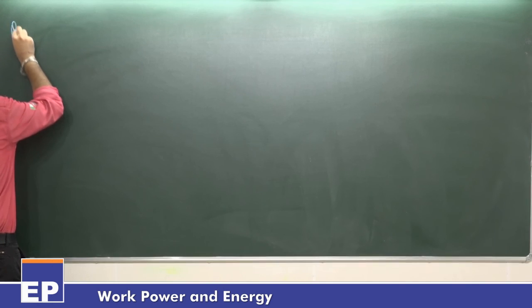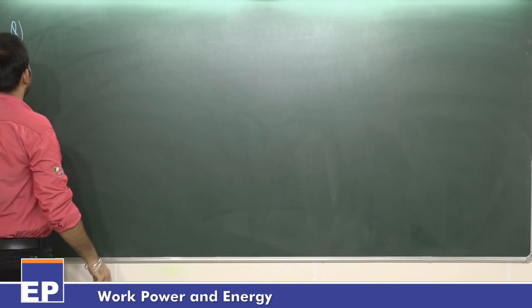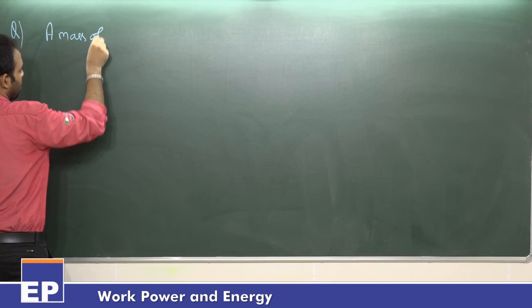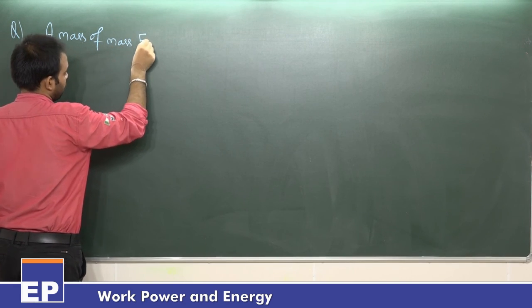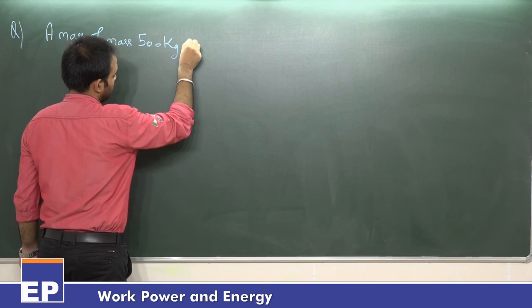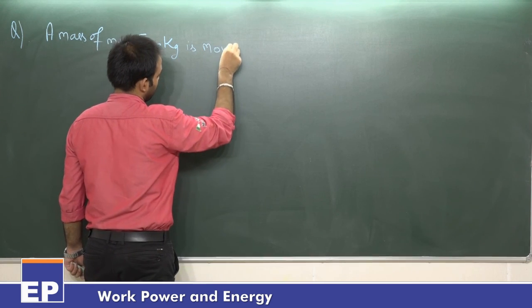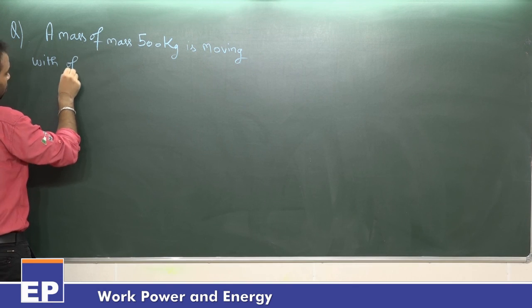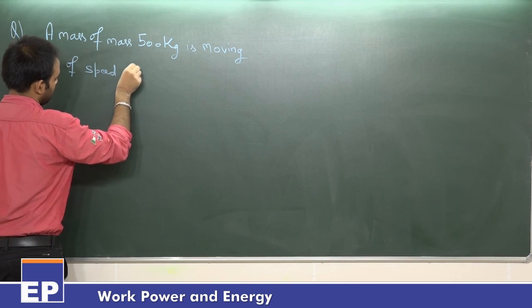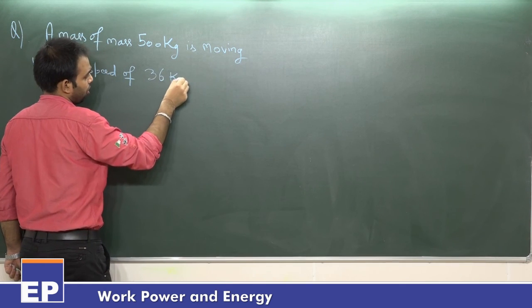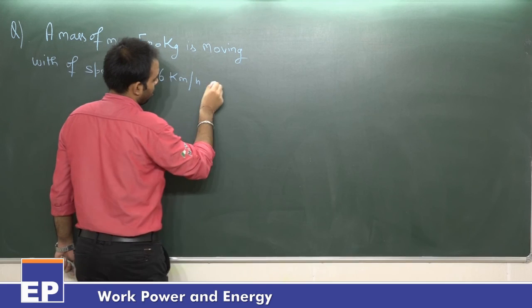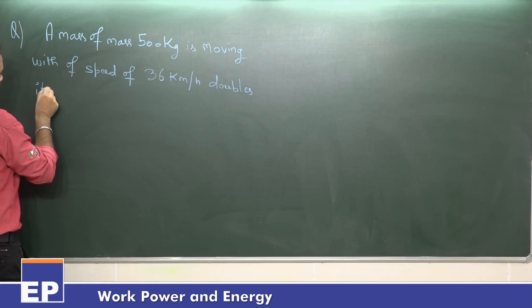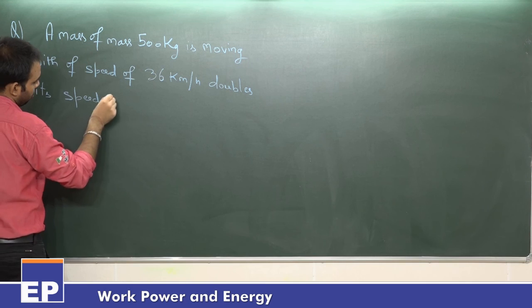Look, next. Yes, a car of mass 500 kg is moving with a speed of 36 km per hour and doubles its speed in 10 minutes.